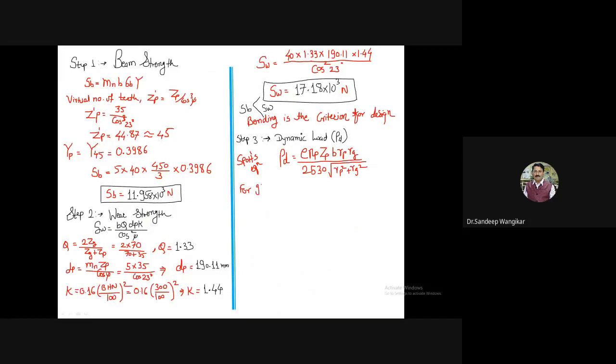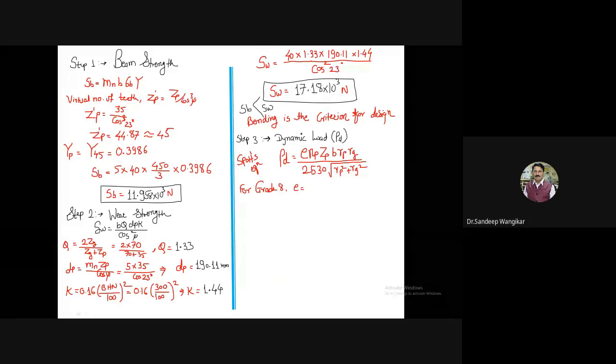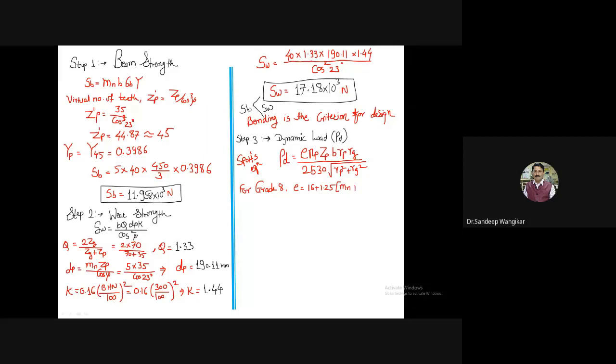I will write for grade 8 error is equal to 16 plus 1.25 into bracket mn plus 0.25 under root of d.